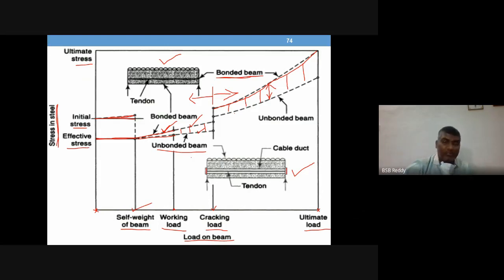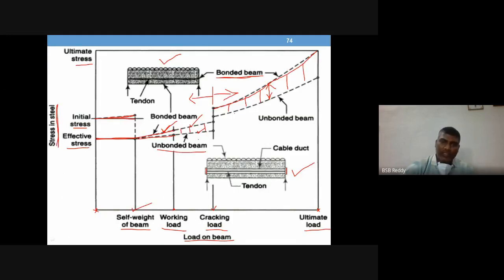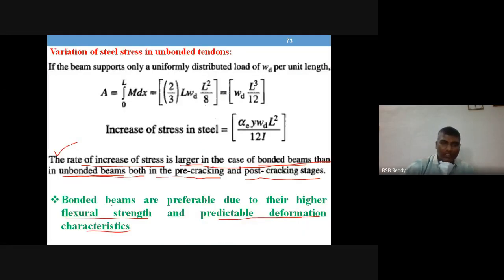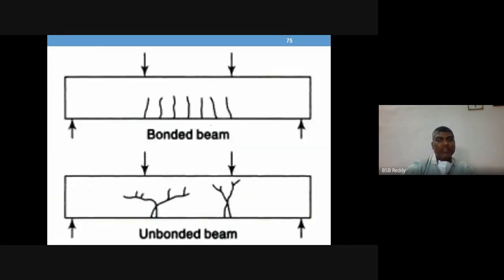Okay, so that is what we observe in this diagram. And this picture is to talk about the other statement that we gave, that the bonded beams are preferable due to their predictable deformation characteristics. This one, predictable deformation characteristics.